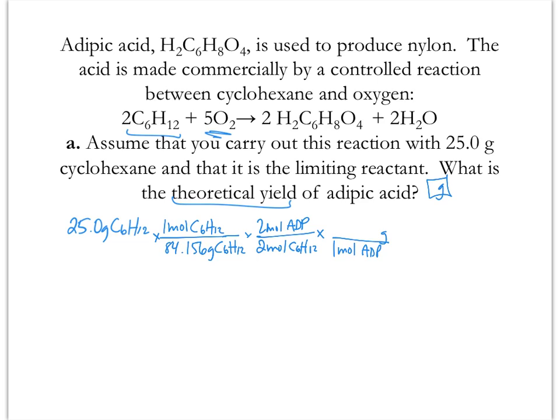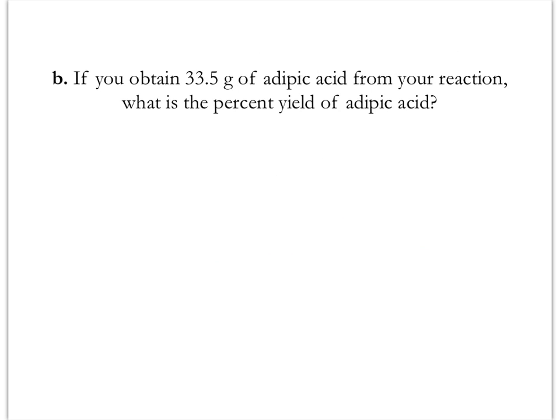And we have, I should have done this ahead of time, sorry. 6 times 12.01 plus 64. Okay, so I got 146.14 for the gram formula mass. So now I plug in 25 divided by times 2 over 2 times 146.14, and that gets me 43.4 grams of adipic acid. And I did 3 sig figs because of this starting value having 3 sig figs. So 43.4.